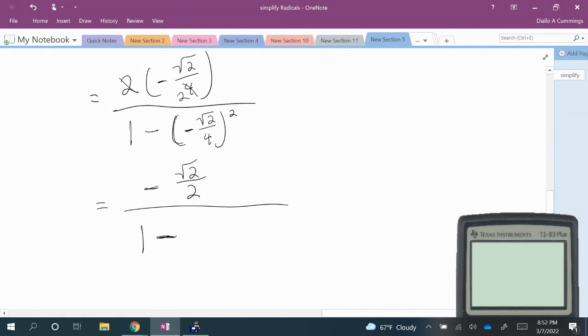If I square a negative, a negative times a negative is a positive. Next, we'll have to square the numerator and the denominator. The square root of 2 squared forces the square root and the square to cancel, so I'm left with 2. If I square the denominator, 4 squared is 16.